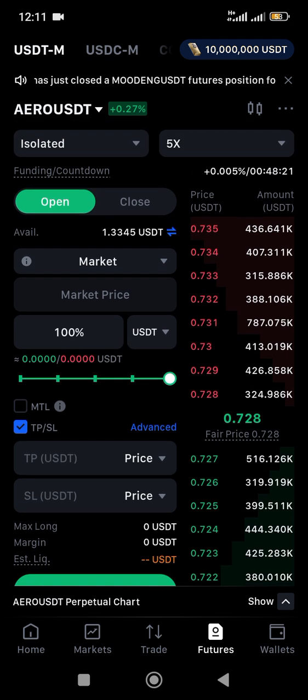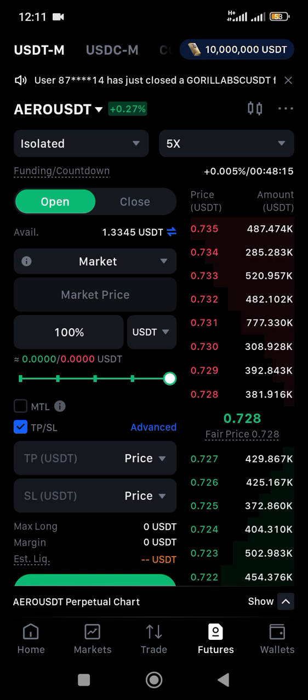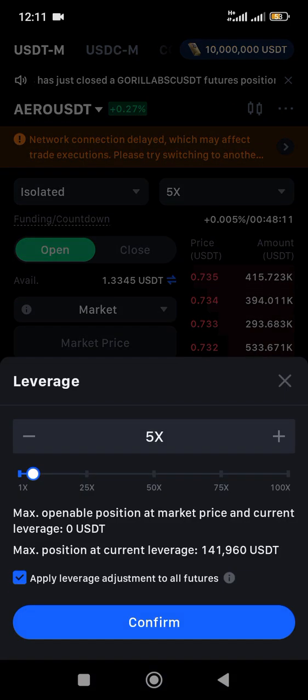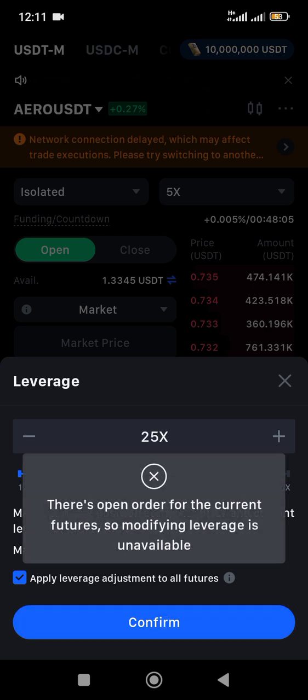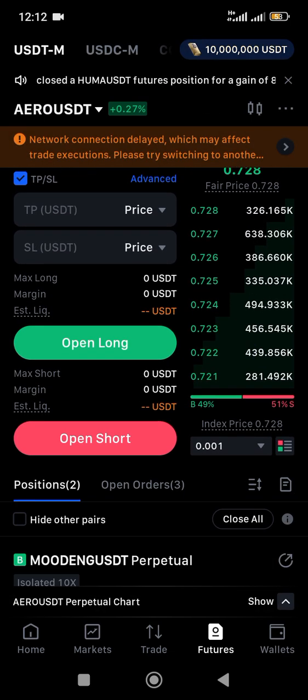Okay, on isolated margin, what you can see is not showing me anything here. So let me increase my leverage. Let me increase my leverage to times 25. It says there is an open order.